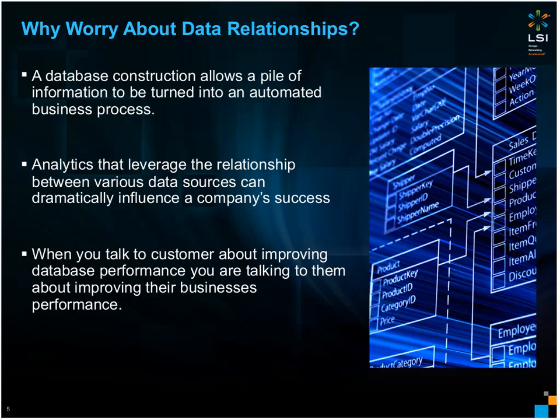So when you talk to a customer about improving their database performance, you're really talking to them about improving their business performance, getting access to data as quickly as possible, eliminating bottlenecks, having very low latency access to media, which is very important to running reports, churning through piles and piles of data sets, and getting that competitive advantage that will take you to the next level to scale your business.